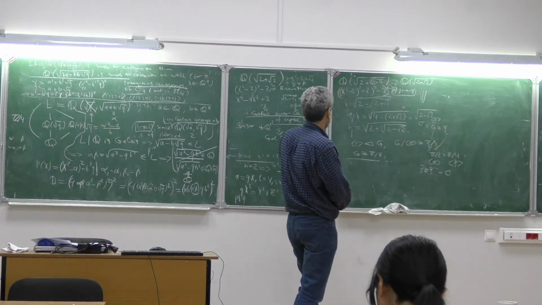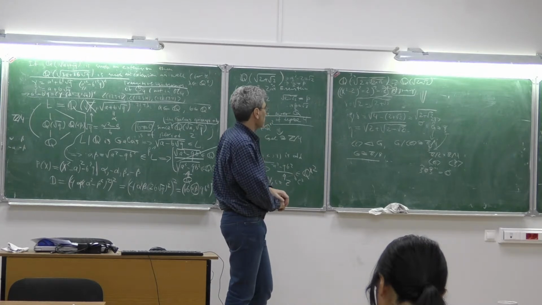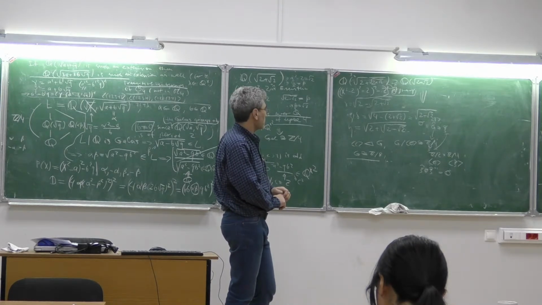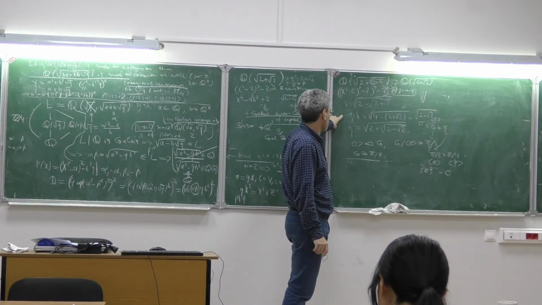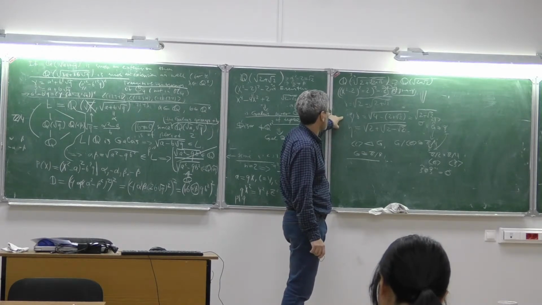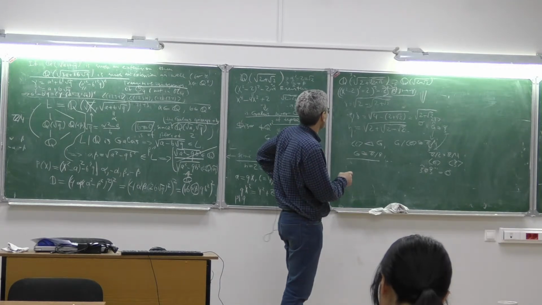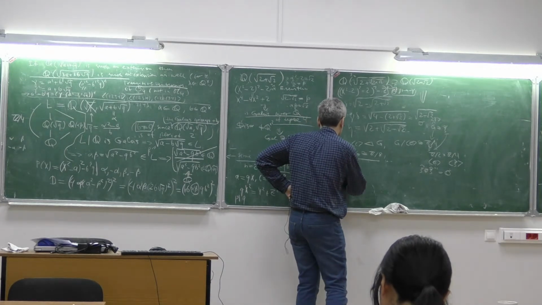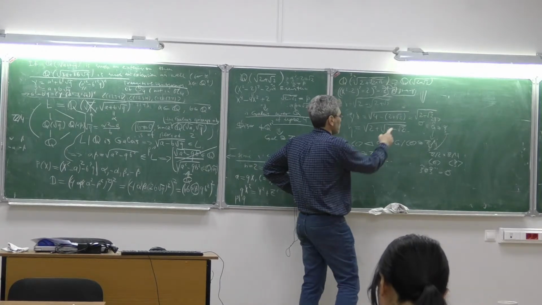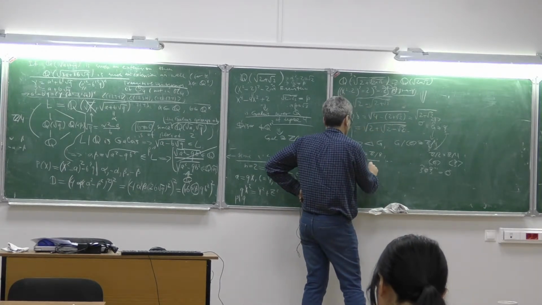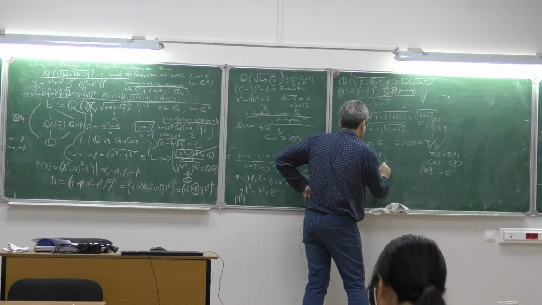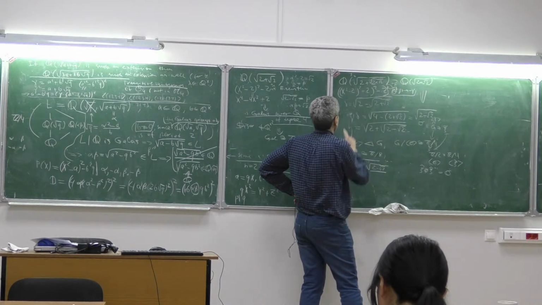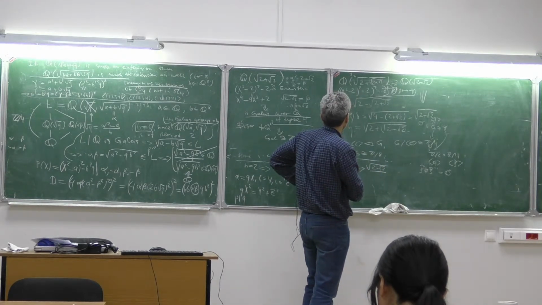This is definitely well defined, and can we, for instance, try to produce another automorphism like this one? Can we send gamma to something like this? Does it induce an automorphism of this field?